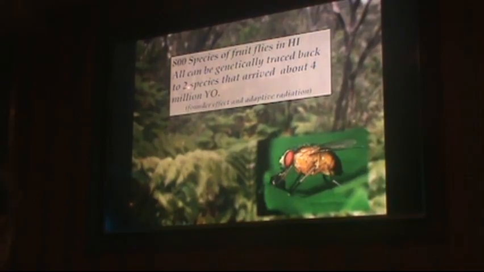And maybe the bird has a piece of fruit attached to it, or maybe the bird has seeds, and this bird gets blown off course by these winds or this hurricane, and they land on the island, and then those seeds get scattered. This is how life originally got to these islands.